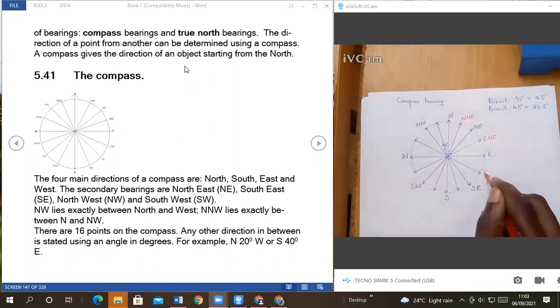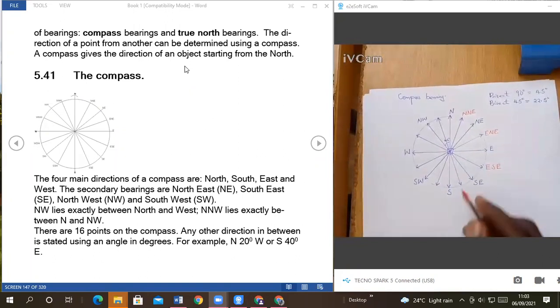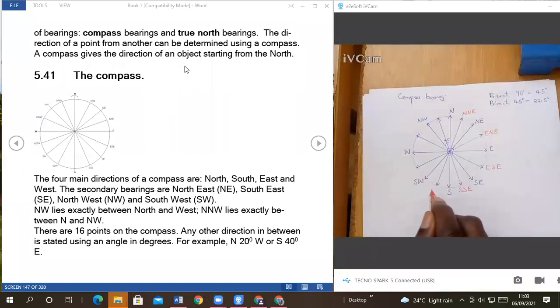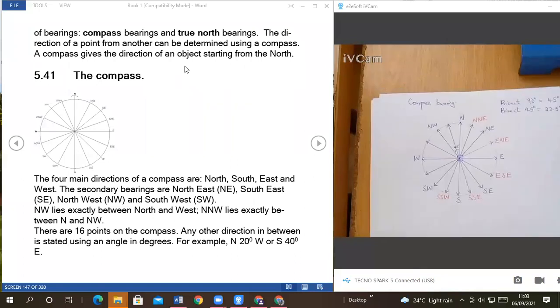This is east-south-east. South-east. South-south-east, south. Then this one is south-south-west, south-west. Then west-south-west.